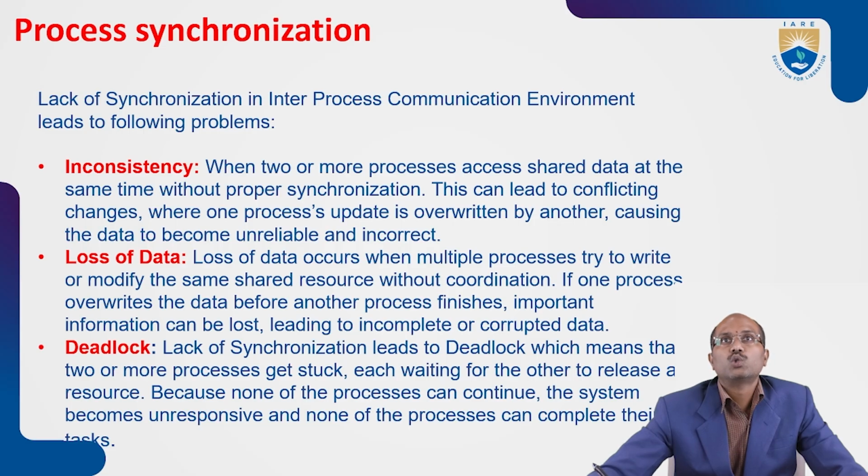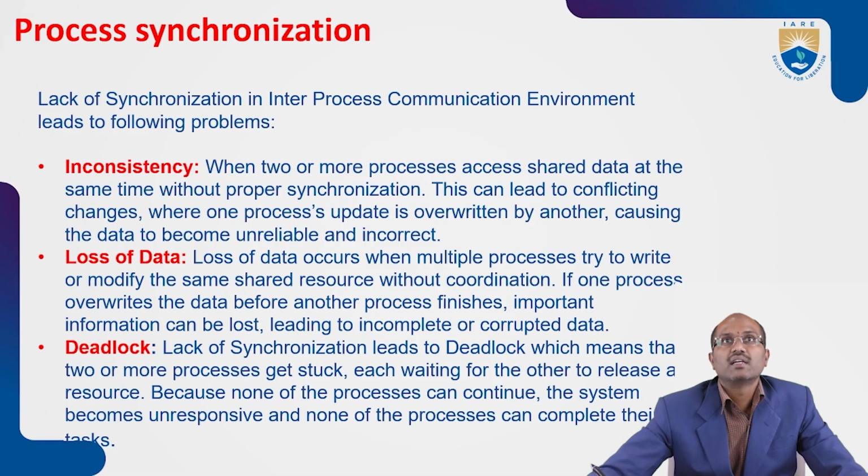Inconsistency occurs when two or more processes access shared data at the same time without proper synchronization. This can lead to conflicting changes where one process's update is overwritten by another process, causing the data to become unreliable and incorrect.